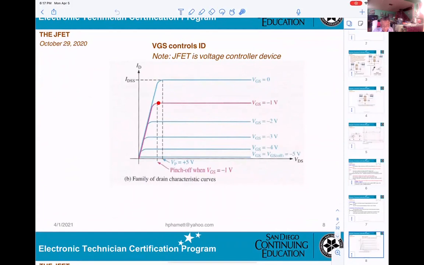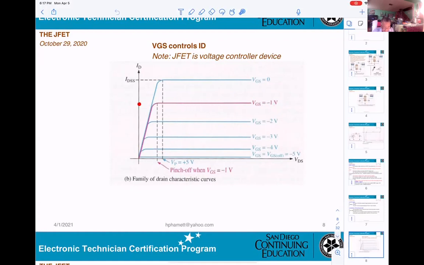Tell me. Minus 1 volt, negative 1 volt. If you want ID, go to the left.